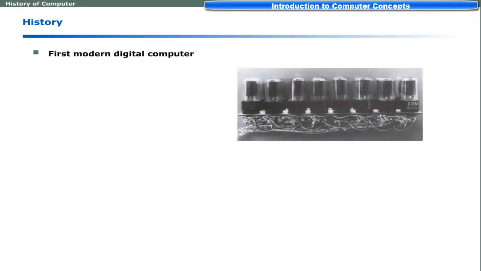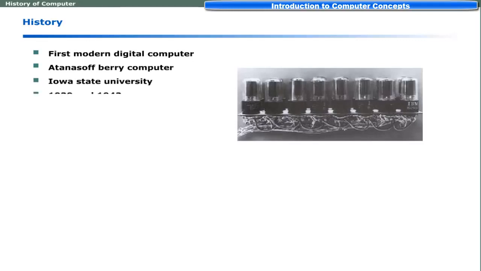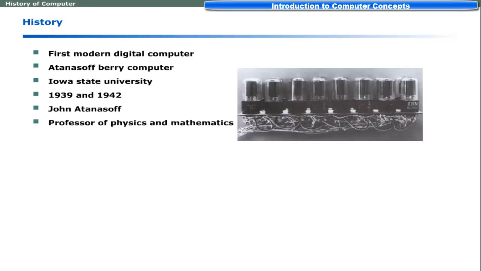The first modern digital computer, the Atanasoff-Berry computer, was built in Iowa State University campus between 1939 and 1942. The development team was led by John Atanasoff, professor of physics and mathematics, and a graduate student, Clifford Berry.